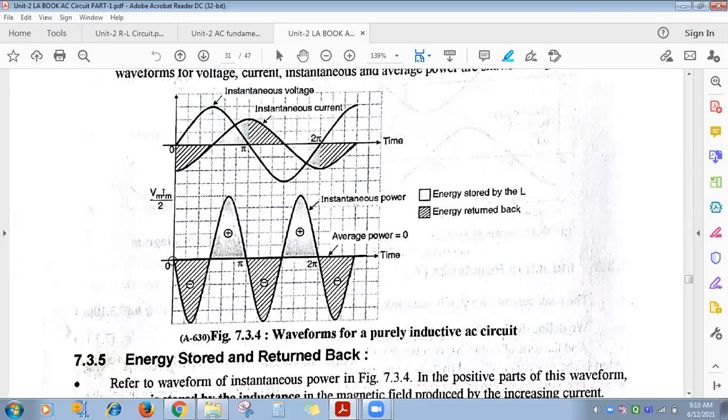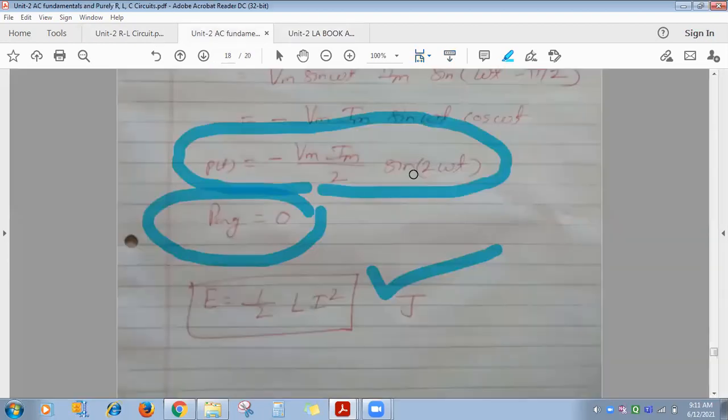Then the instantaneous power equation we derived is minus Vm Im by 2 sin 2 omega t.